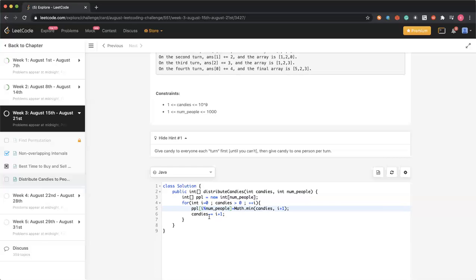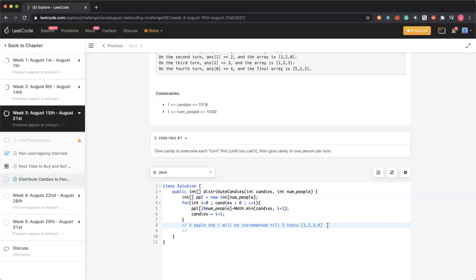Suppose there are 4 people. The i will be incremented till 3, that's fine. The fourth person will be getting 3 plus 1, so the distribution will be like 1, 2, 3, and 4.